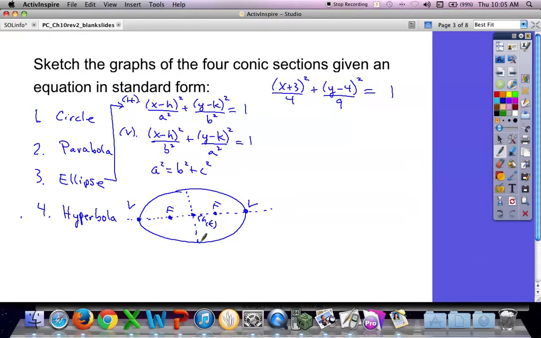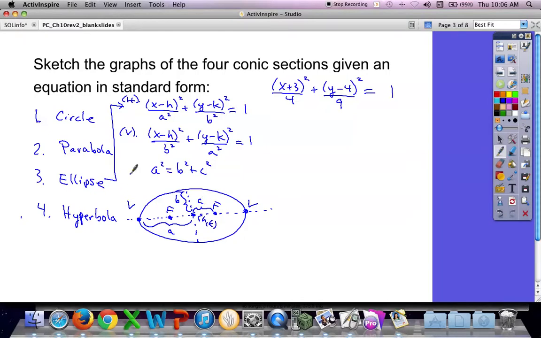So these three letters, A, B, and C, the A is the distance from the center to the vertex, right? The B is the distance from the center to the side of the ellipse along the minor axis. And C is the distance from the center to the focus.